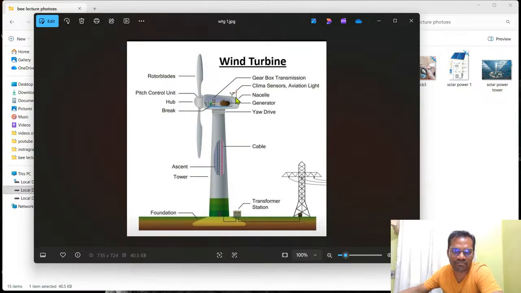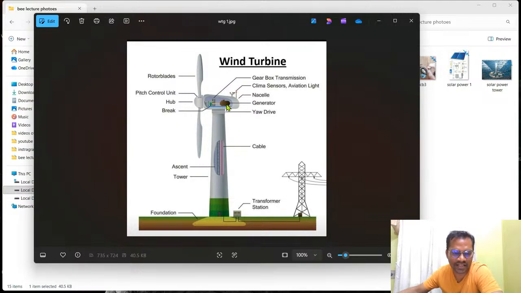To sense the wind speed, here we have sensors, and at the top, an aviation light to indicate the turbine is at a required height. And this is called yaw control, I mean the turbine can rotate 360 degrees horizontally, and vertically also it can rotate.